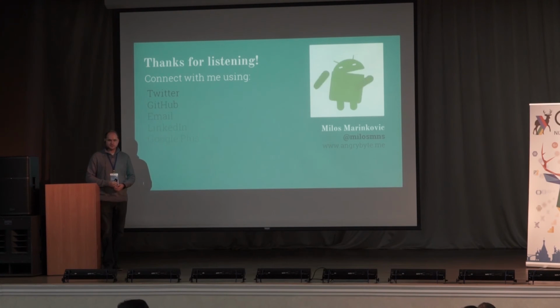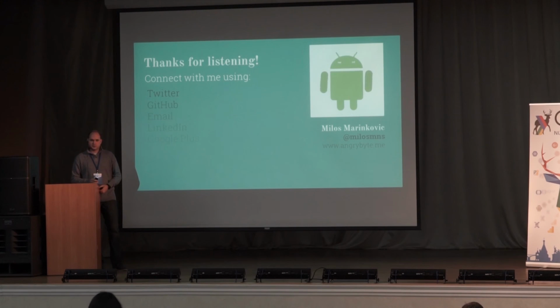Thank you for the speech. Do you have any cases where you have to share resources between projects, and how do you solve it? Resources like colors or icons? In Android.